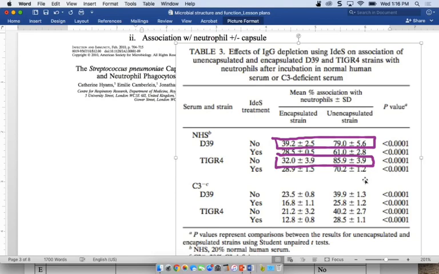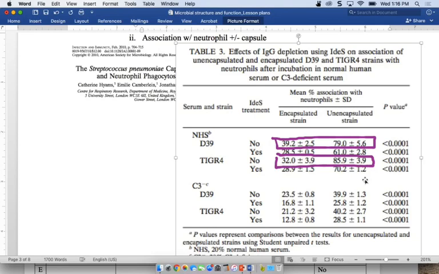Which one is more frequently associated with neutrophils? Unencapsulated, in other words, the ones that can't make a glycocalyx. The higher the rate of association, the more likely it is that this unencapsulated microbe will be phagocytized.